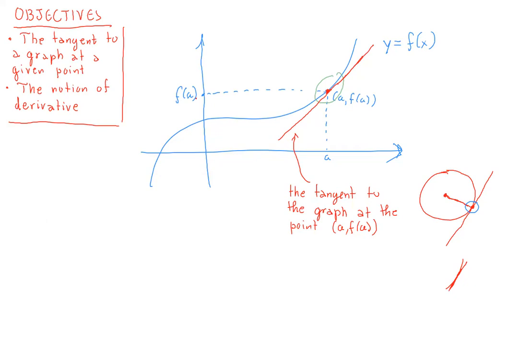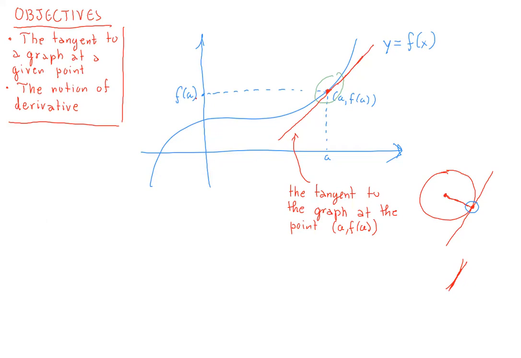So if the graph is going up at that point, and when we say up, we mean as we look at it from the left to the right, which is the case with this particular graph at the point a comma f of a, then the tangent will also go up. Or if the graph is going down, then the tangent will go down. So somehow the tangent can be used as a means of describing the graph very, very close to that particular point. And after all, it's a line, so we know very well how to handle lines.